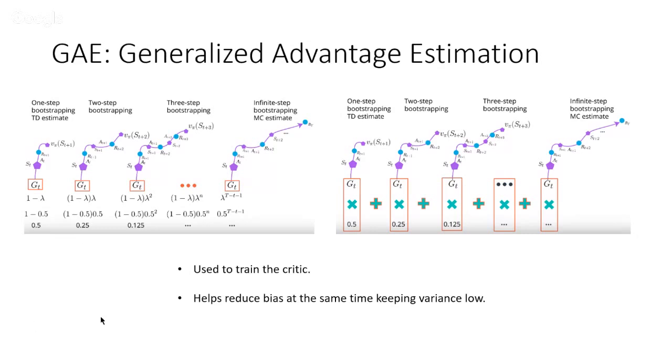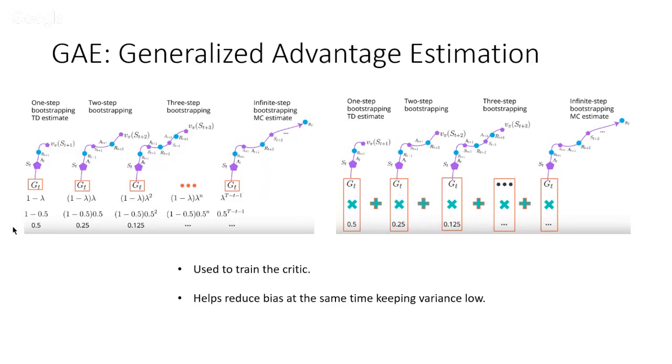So for GAE, basically this G_t is an expected return, and this G_t is different in each case. G_t here is only for one step. G_t here is going for two steps and then guessing until the end, so two-step bootstrapping. Here it's going three steps and then guessing, going four steps and then guessing, and this might be all the way until the end.